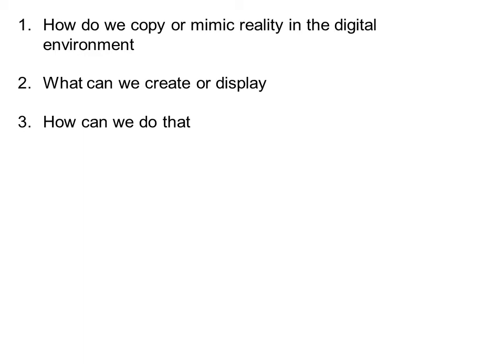What sort of things can we create or display? That's a really open-ended question. It depends. We have two data formats, vector and raster. Vector being points, lines, and polygons. Raster being a grid-based system.